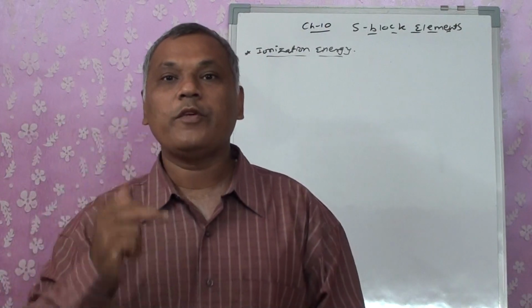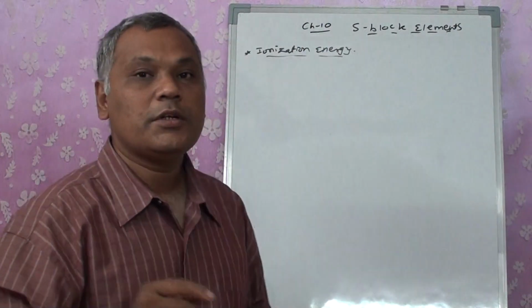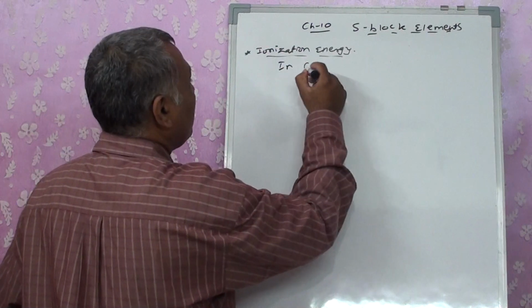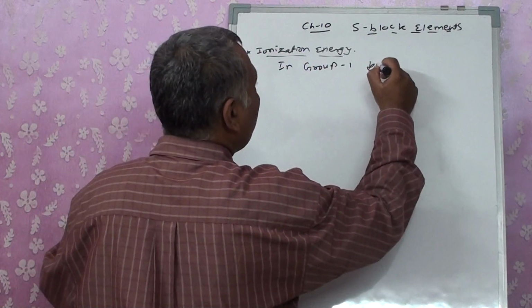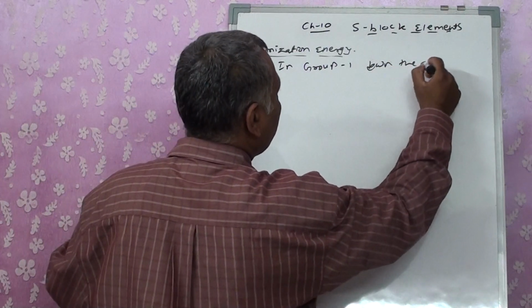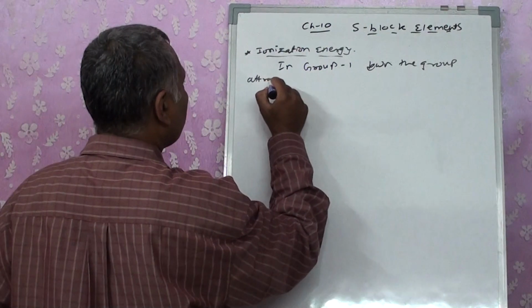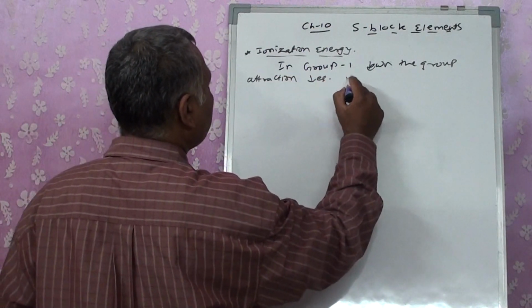We know that as I move from top to bottom, atomic radius is increasing. That means the force of attraction decreases. Now, in group 1, down the group, attraction decreases.